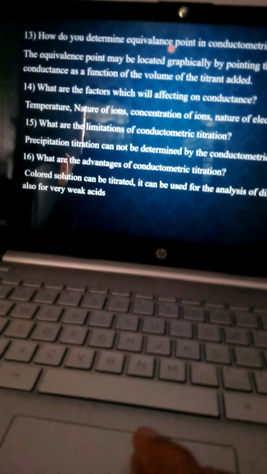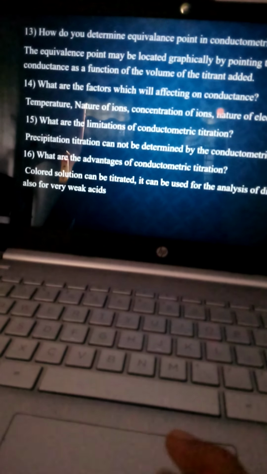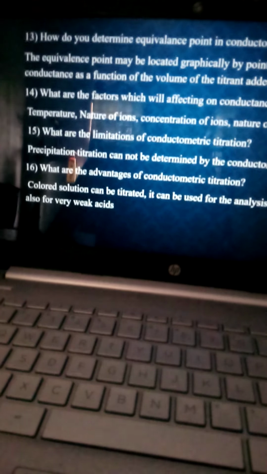On plotting the volume of the titrant against the conductance of the solution, you will get the equivalence point. The factors which affect conductance are the nature of the ions, the concentration of the ions and the nature of the electrolyte.